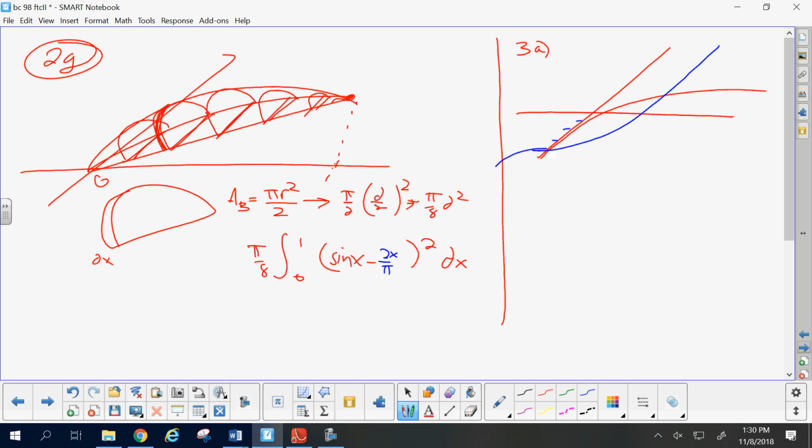Really? I had it set up divided by 8, 0 to 1. No, it should be 0 to pi over 2. Yeah.